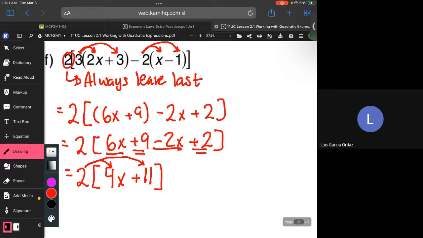So when I distribute my 2 into 4x plus 11, what do I get? 8x plus 22. And that would be your expression.